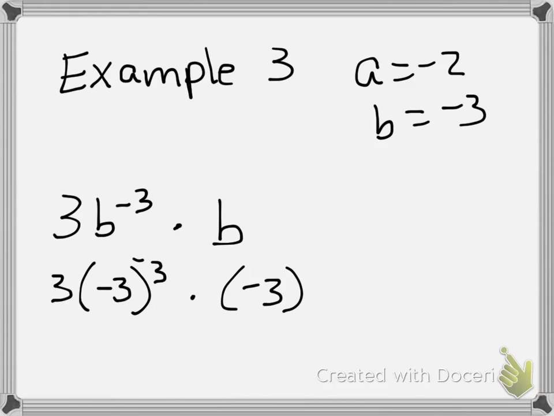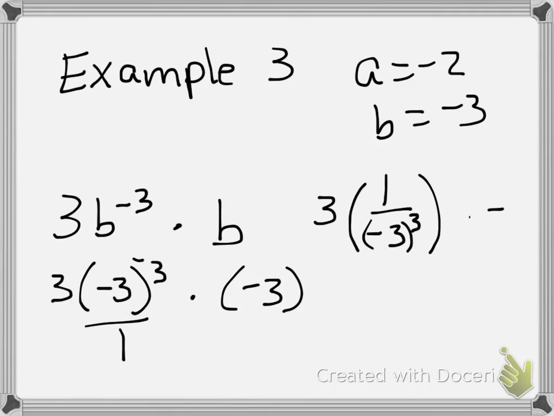So since this is to the negative third, we're going to have to take this, put this over 1, and we're going to invert it first. So we'll come over here, and we'll make this 3 times 1 over negative 3 to the third power. Remember that negative 3 is in parentheses, times our negative 3.